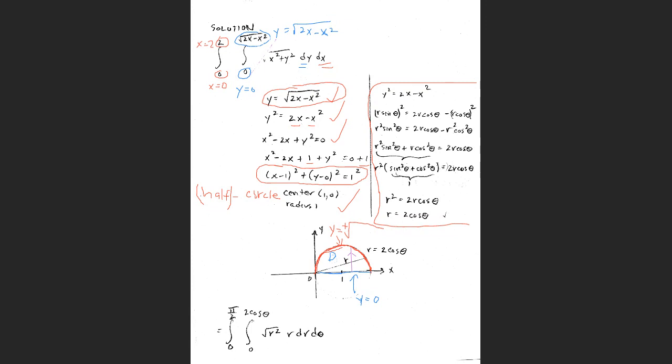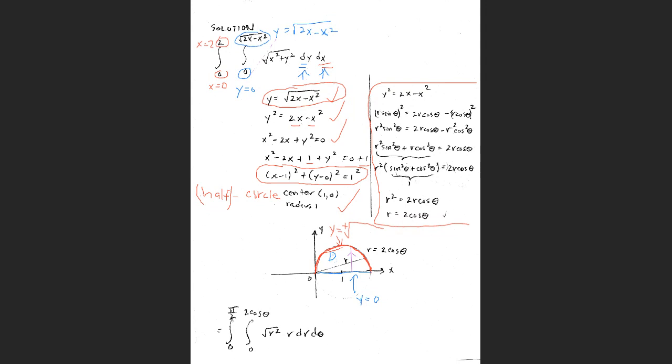Because we have a dy and a dx, in that order, we're treating the region D as a type 1 region.